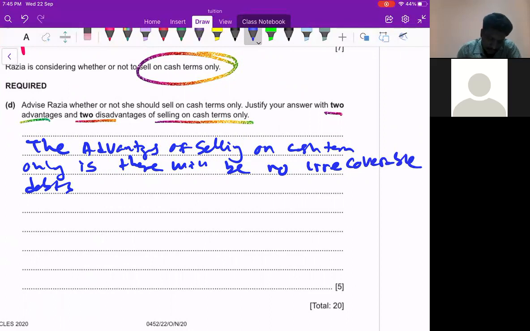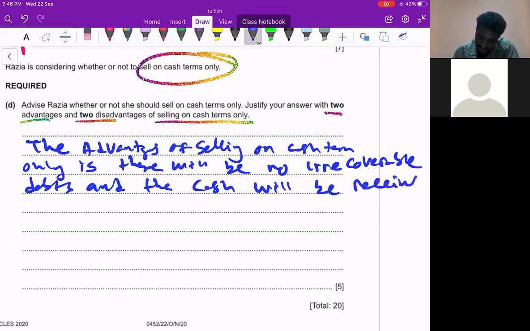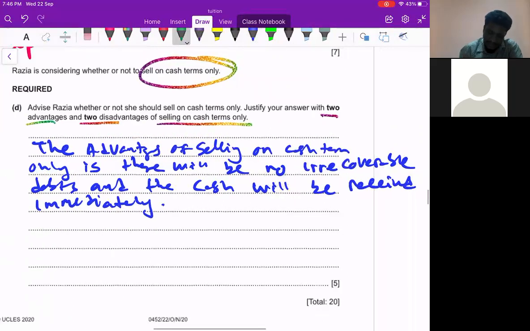And also the cash will be received immediately, which is good actually. We can receive the money immediately whenever we sell. But okay, we need to talk about disadvantages also.